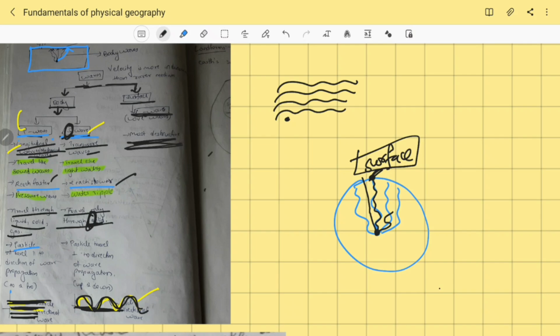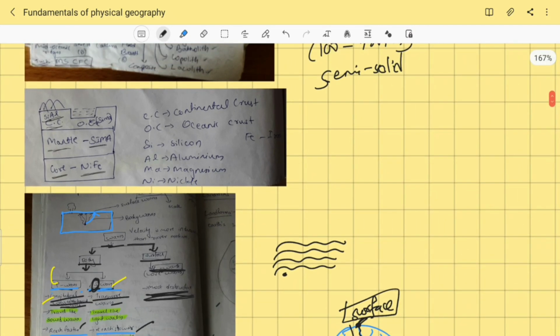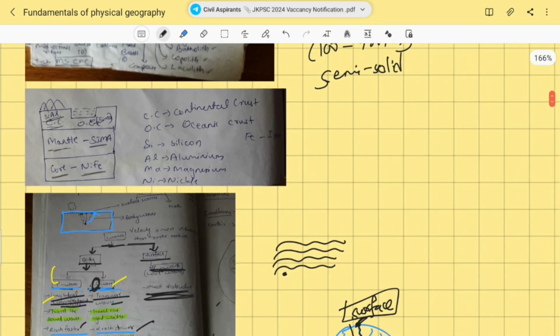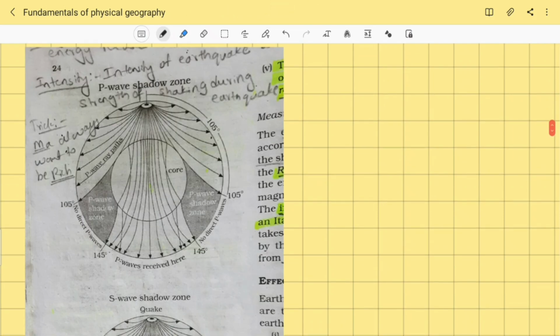Now we are done with waves. Next, let's see the diagrammatic way of how the primary waves and secondary waves travel. So this is a diagram. The first one is a diagram of primary waves.